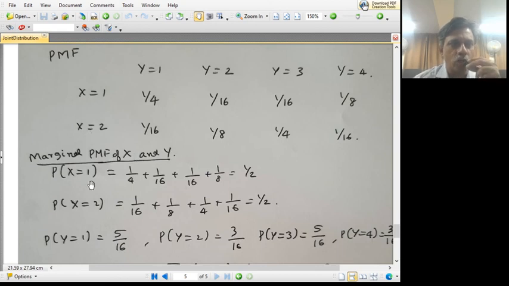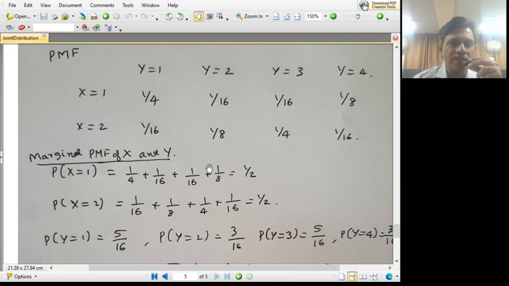Probability that X equal to 1 is nothing but, in the continuous case we would integrate out Y. In the discrete case we sum over all values taken by the random variable Y, that is 1, 2, 3, 4. So to get probability X equal to 1, you have to sum up all probabilities in the first row, that is 1 by 4 plus 1 by 16 plus 1 by 16 plus 1 by 8.